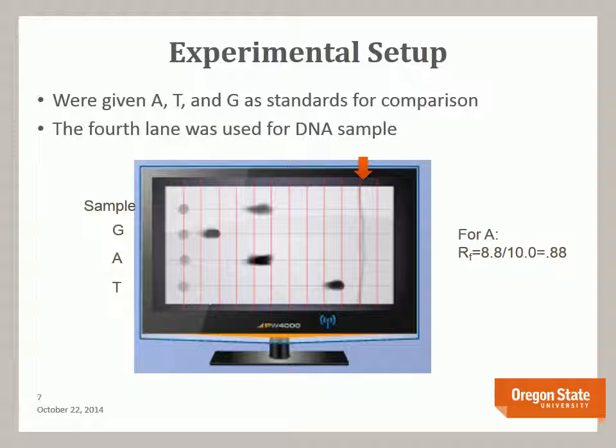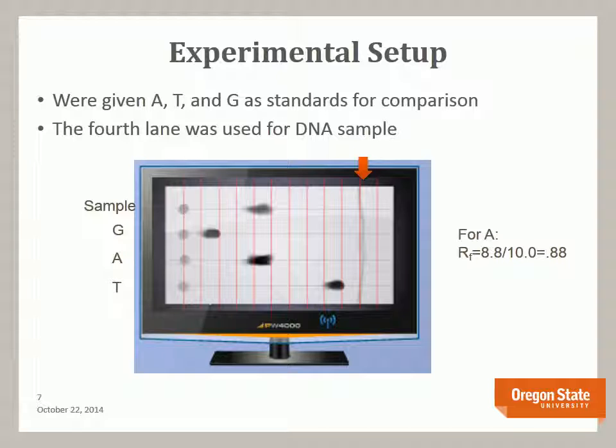Now, this is an example of a plate image from the actual experiment. We were given G, A, and T controls to compare our sample to. You can see the solvent front is indicated by the red arrow.